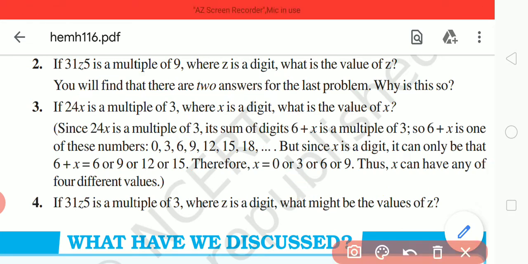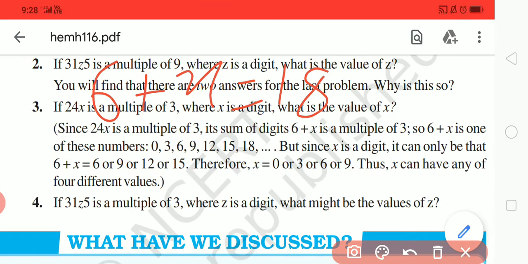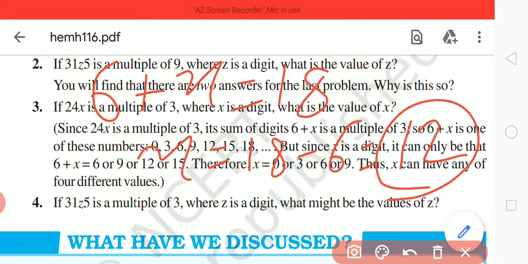So let us check the next possibility, x plus 6 is equal to, now we are taking 18, sixth chance. So x is equal to 18 minus 6, that is 12. So 12 is not a single digit number, so this is not possible, and further on all values we will get in 2 digits.